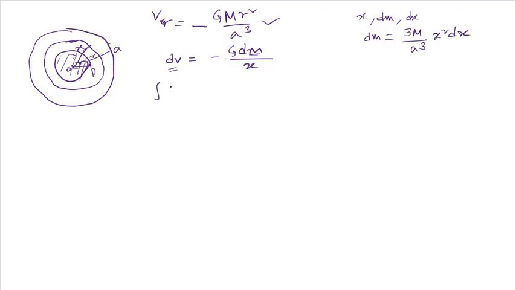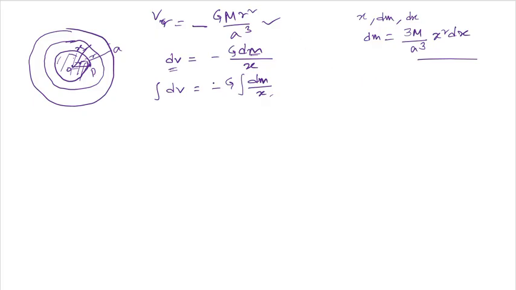Now I have to integrate the potential due to the outer shells. For this point, every shell we take will be an outer shell. This is the gravitational potential for one shell with mass dm. Now I have to integrate minus G dm by x. Because x is a variable, I cannot integrate dm with x, so I have to represent dm as a function of x.